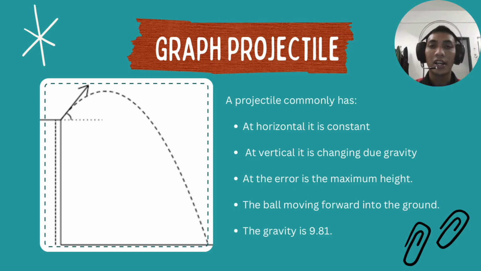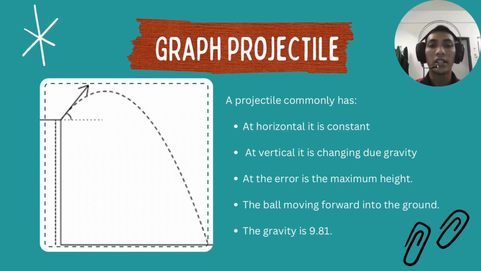For the next slide, I would like to present the graph of projectile. That you can see at the left, this is a graph for projectile. A projectile commonly has horizontal and vertical lines. For the horizontal, it is constant, that we call the range, or sometimes it will be distance.